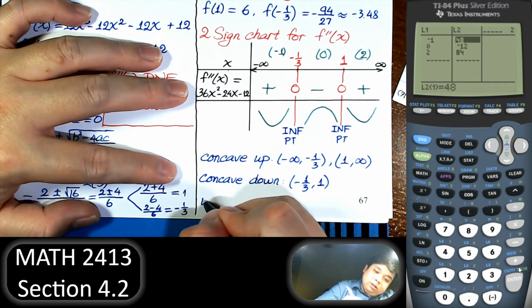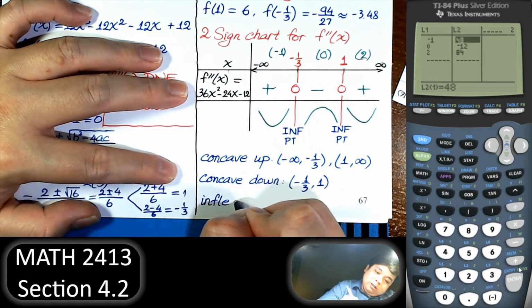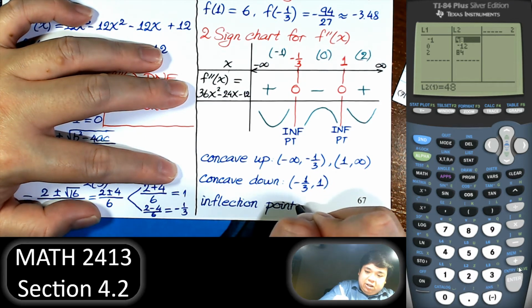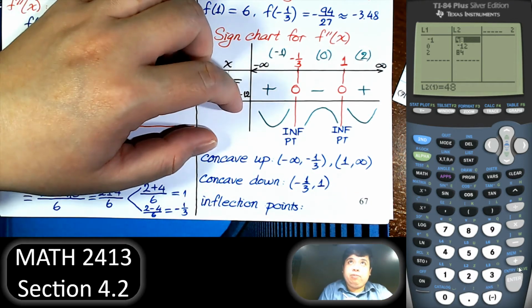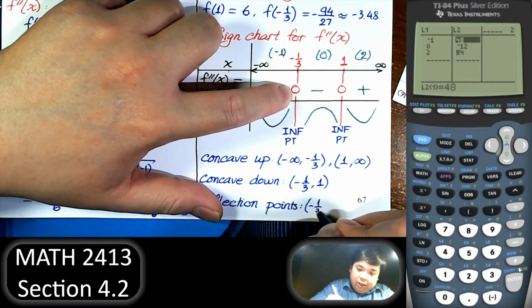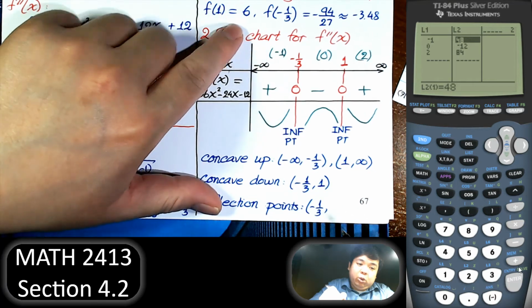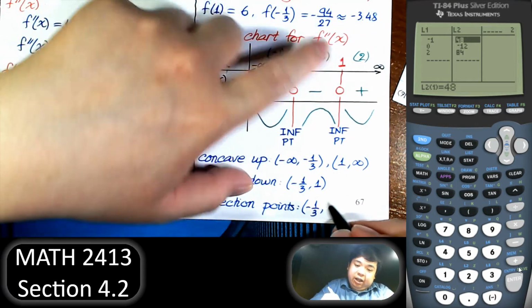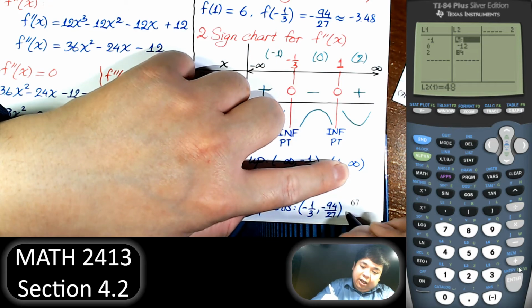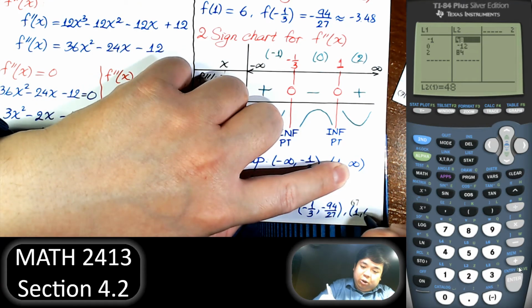Inflection point, I'm going to give them as the point. When x equal to negative 1/3, y will equal to negative 94/27. And when x equal to 1, y equal to 6.